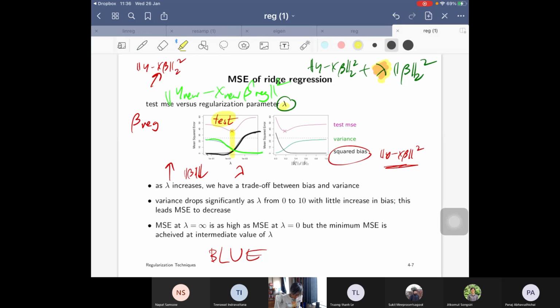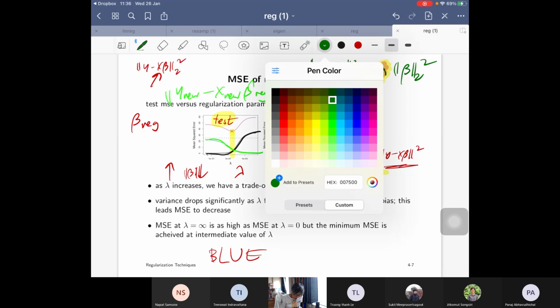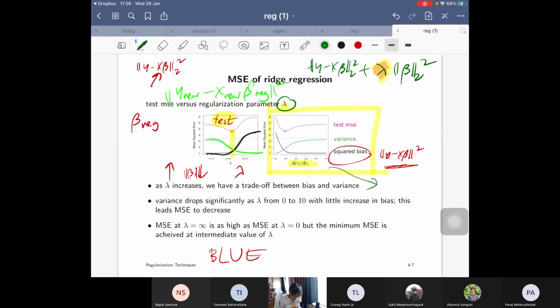And then the plot on the right-hand side has the same interpretation, but with a difference in the x-axis. The x-axis is actually the norm of the regularized solution divided by the norm of the least square solution. So as lambda increases, the norm of the regularized solution would be small, right?